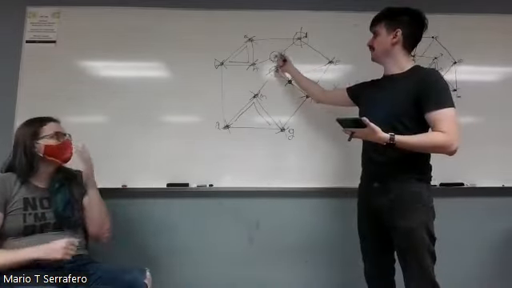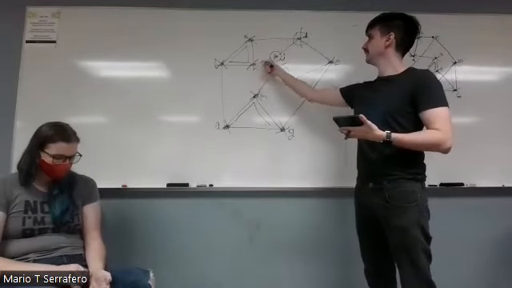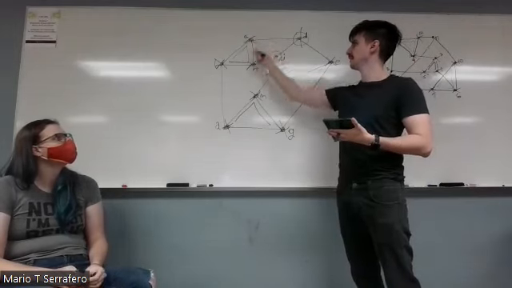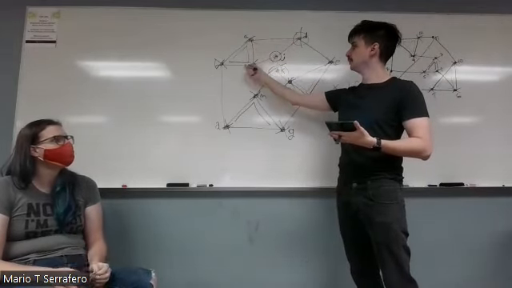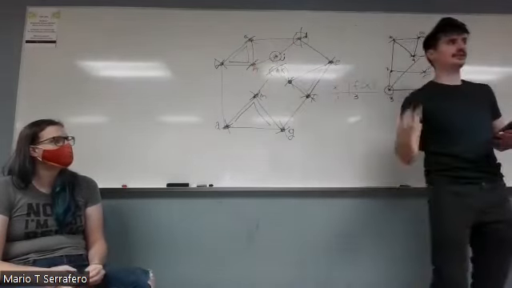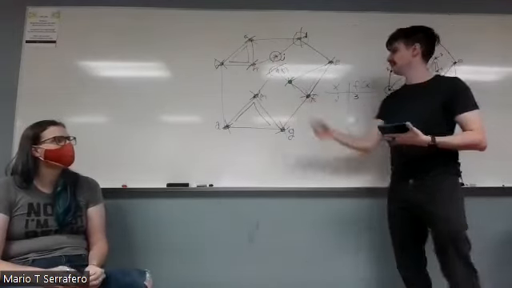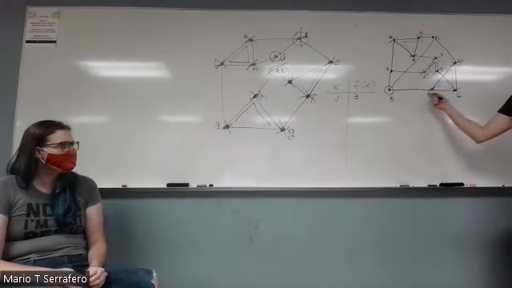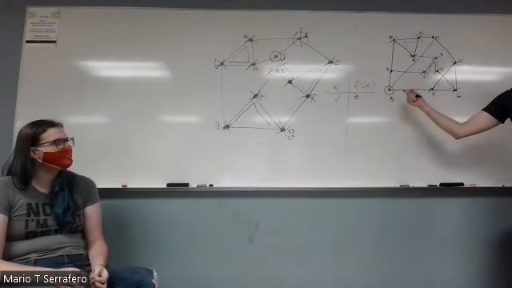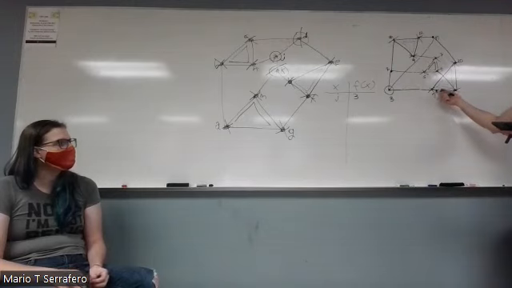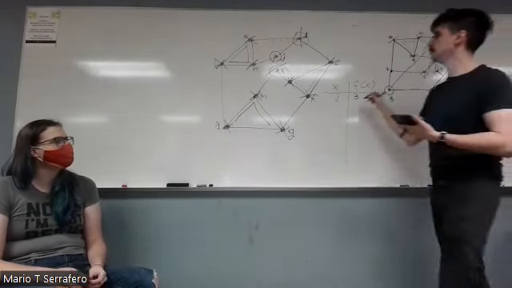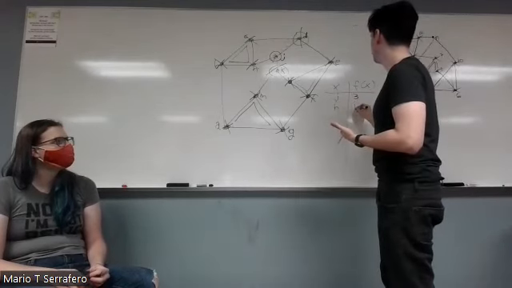So if I map J via isomorphism, this needs to still be a neighbor of J, and this is one of the guys that is on both the triangle and the fourth circuit. It's on both, and it's a neighbor of J. So can we find an equivalent one? Well, this one is a neighbor of J, in this case 3, and it is on the triangle and it is on the fourth circuit. So then we can conclude that H must be 1.